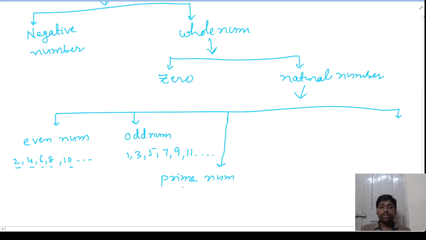So the numbers which are divisible by 1 and itself are called primes. I will write about this because it is a very important part.